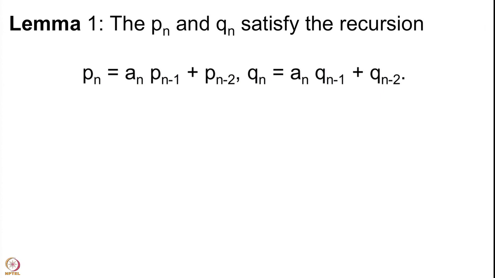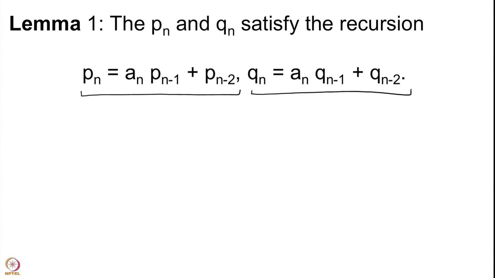So, this is the first lemma: Pn and Qn satisfy the recursion Pn equal to an Pn minus 1 plus Pn minus 2, Qn equal to an Qn minus 1 plus Qn minus 2. This is the recursion that Pn and Qn satisfy.